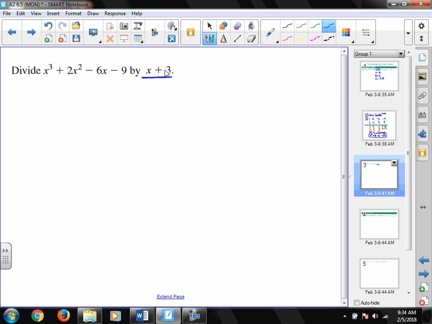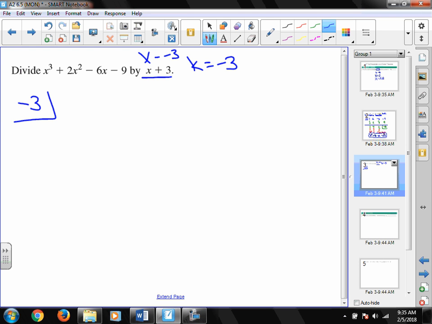What is the k value that I'm going to use? K value is -3. So what's going in my box? -3, because since I see a plus, that 3 has got to be negative. So it's really like x minus -3. Just like we did in the last slide, we had x minus 2, we put a positive 2 up in the corner.